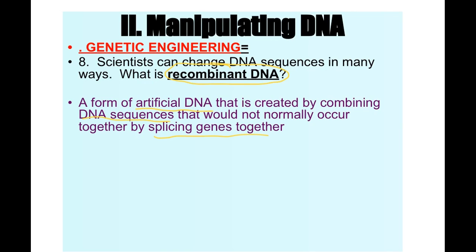So when we did that little activity with the scissors and the tape where we cut out the human gene for making human growth hormone and then we inserted it into the bacterial plasmid DNA, that was an example of how to make recombinant DNA because the bacterial DNA now contained the human gene for making human growth hormone. Therefore, it is now called recombinant DNA.